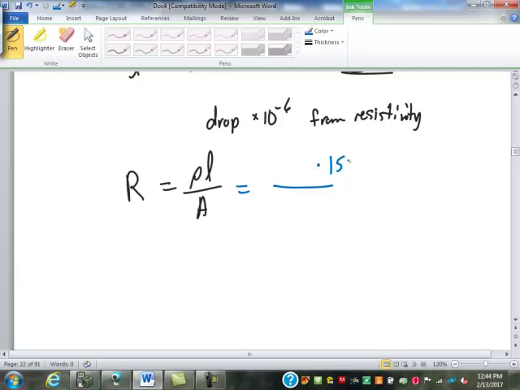So that's our length, 15 meters. It has a diameter of 2.588, so the area is pi times 2.588 squared, and then of course divided by 4. And it is aluminum wire. Aluminum wire is 0.0283.